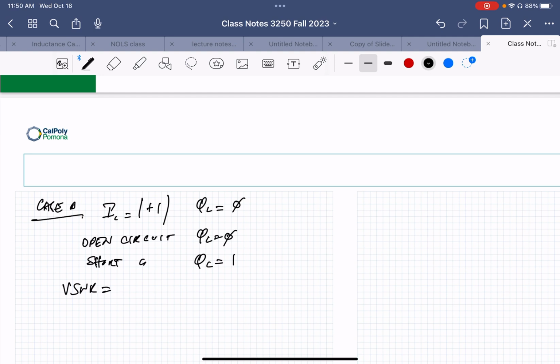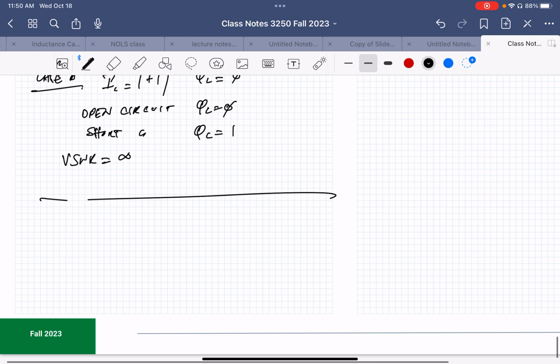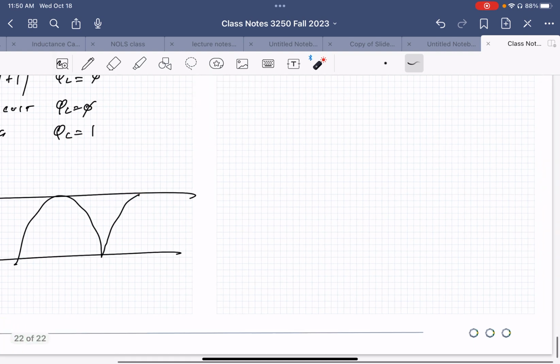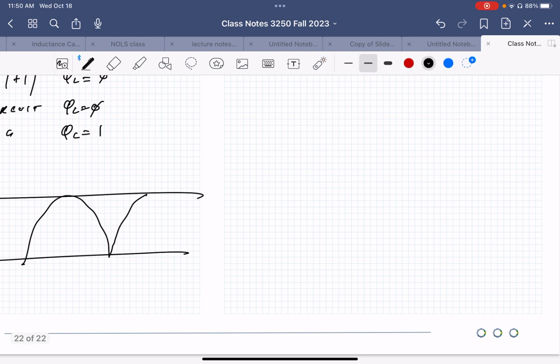In this case, the voltage standing wave ratio is infinite. Why is it infinite? It's the ratio between the highs and the lows, and it's infinite because the lows will be zero and the highs will be some value.